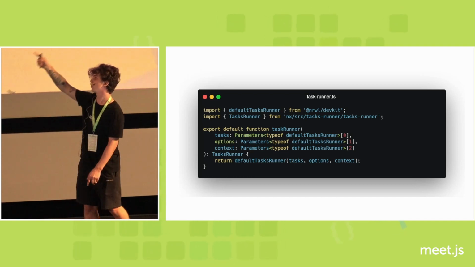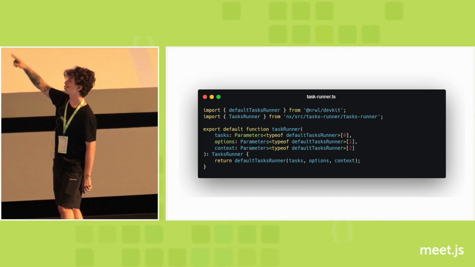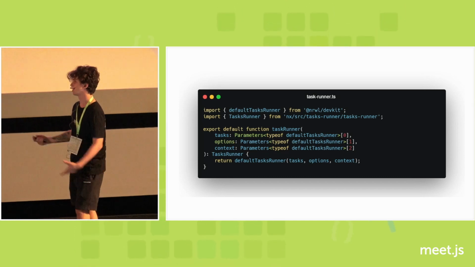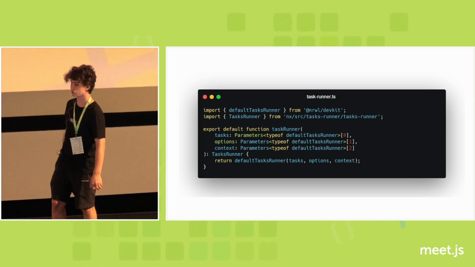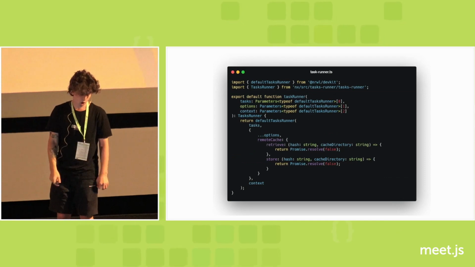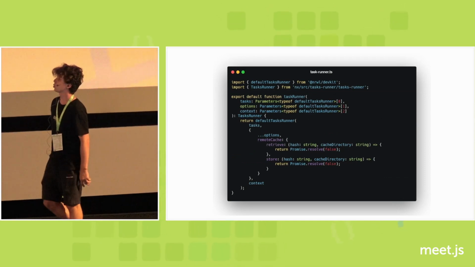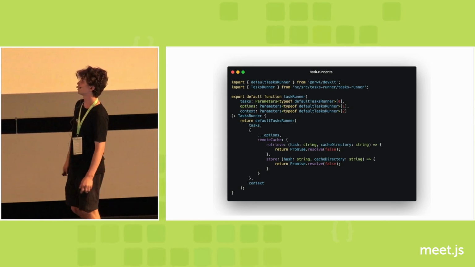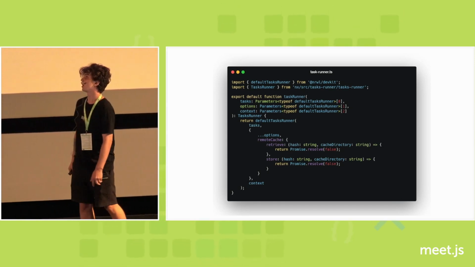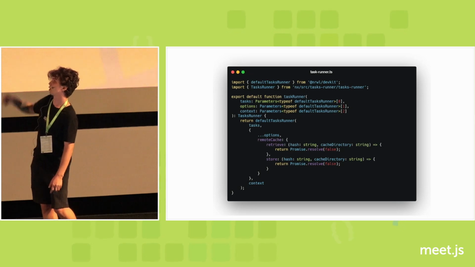And we will use our default task runner and pass all these arguments to it: tasks, options, and context. Also, we know that our options include remote cache with two methods. So we can extend our options with a remote cache object and implement these two methods.